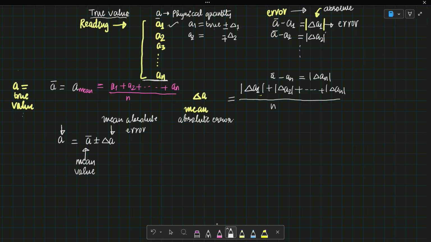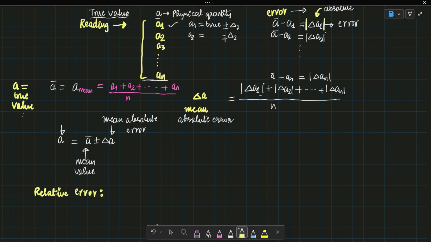So often we are required to know the relative error. We are not interested in just expressing the quantity like this. We also want to know the relative error. So we have calculated the true value and mean absolute error.